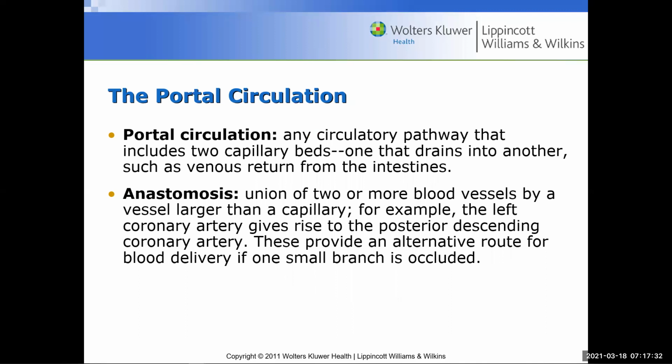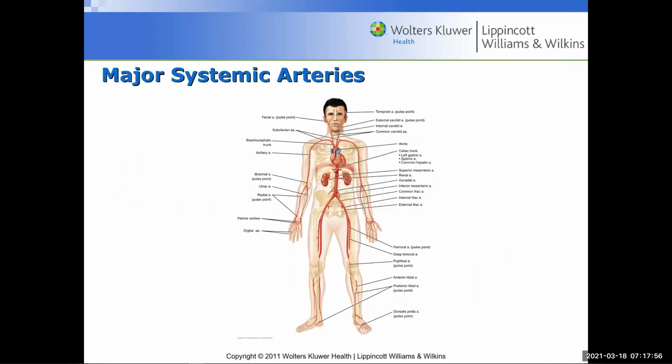So the portal is very important in terms of moving nutrients from the intestines themselves. The anastomosis is a union of two or more blood vessels by a vessel larger than a capillary. Example, the left coronary gives rise to the posterior descending coronary artery, and these provide an alternative route for blood delivery if one small branch is occluded.